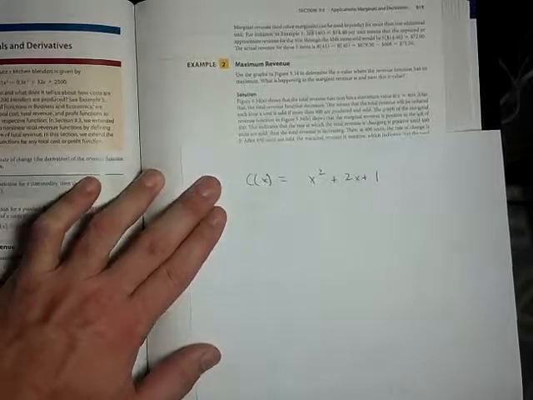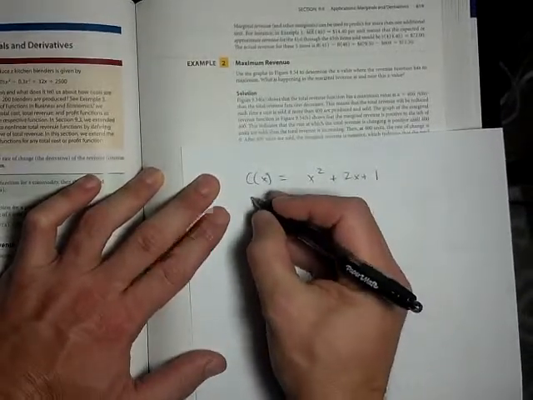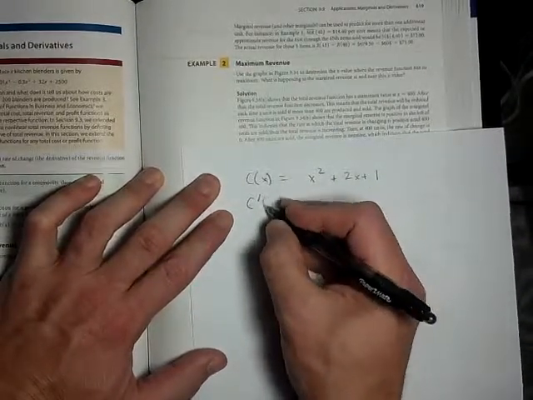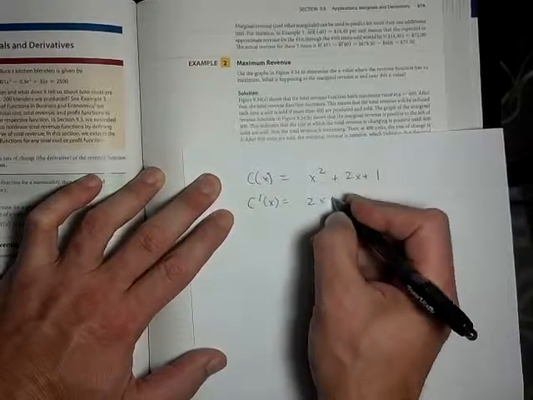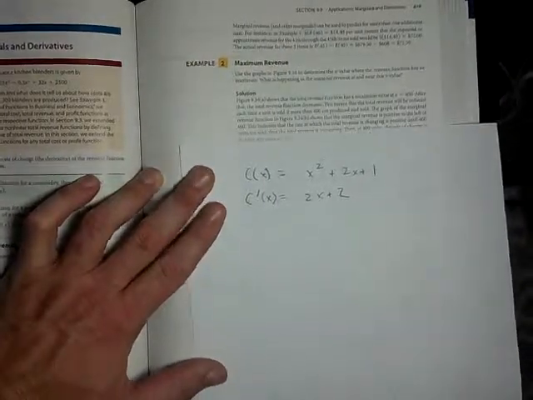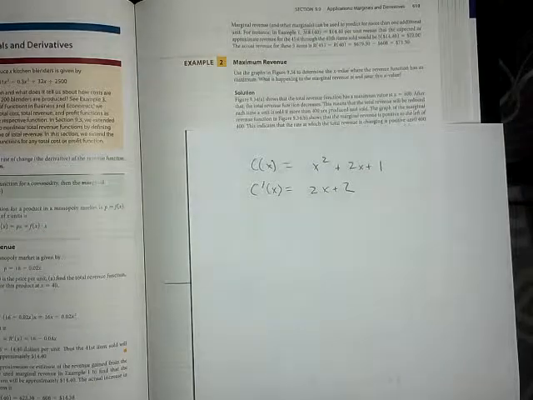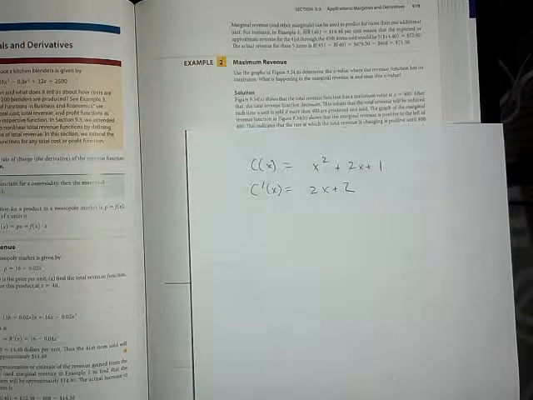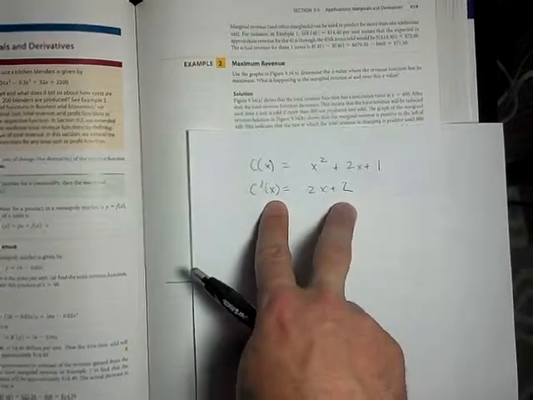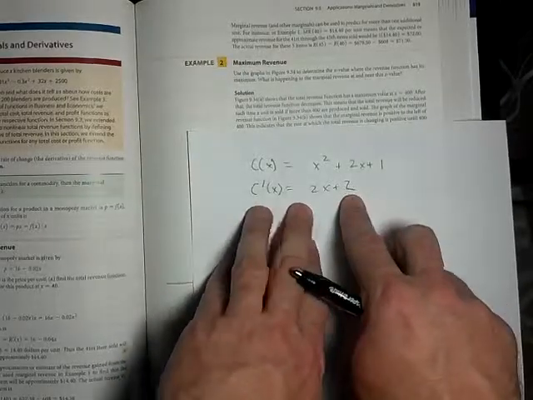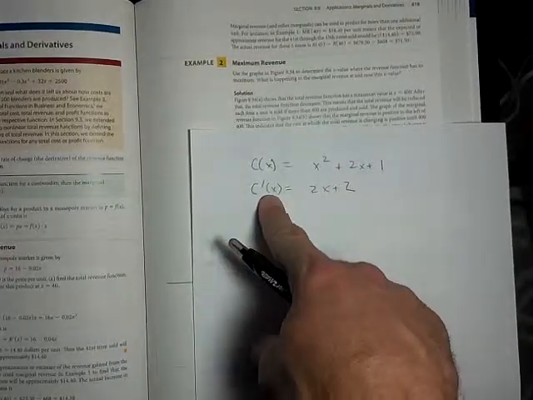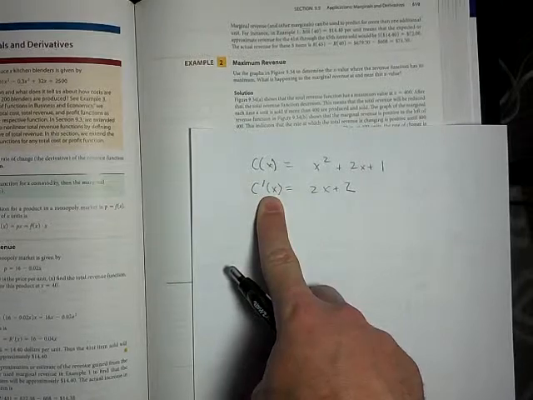So the marginal cost function is the first derivative, and it's 2x plus 2, right? Power rule. What that tells me is that the change in the cost depends on the number that I have produced.